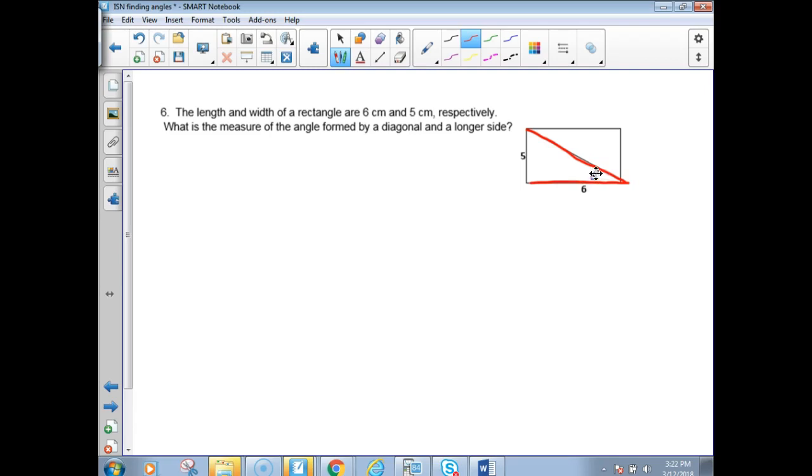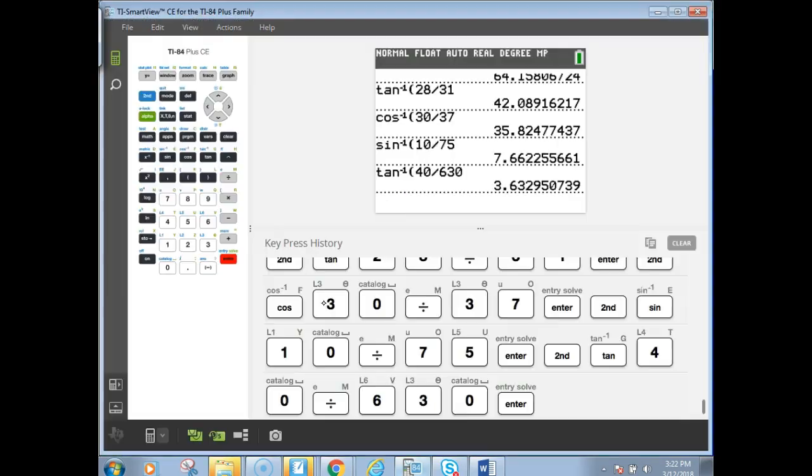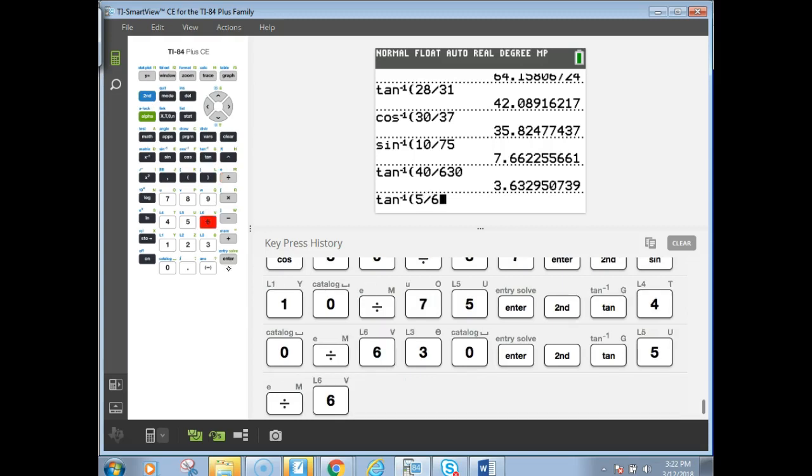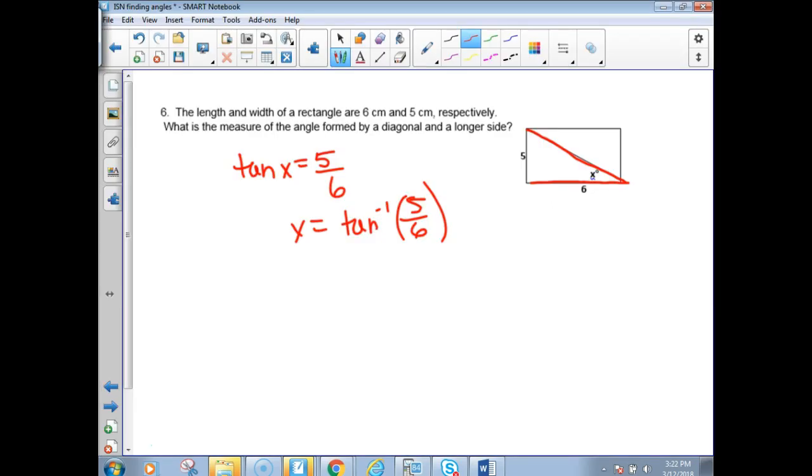And then I would be trying to find this angle right here. So opposite and adjacent, that's going to be the tangent of x is equal to 5/6. So we'll be calculating second tan of 5 divided by 6. And that angle is 39.8 degrees.